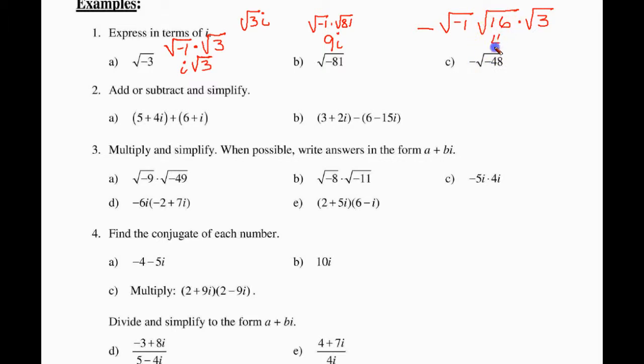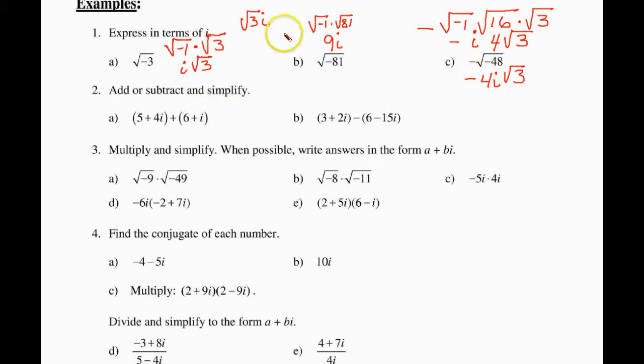Well, this is a 4, and this is an i, and our negative sign is still out there, and we have the square root of 3. So ideally, you would put this i at the end here, but they usually write it as 4i, and a negative 4i times the square root of 3, for letter C.